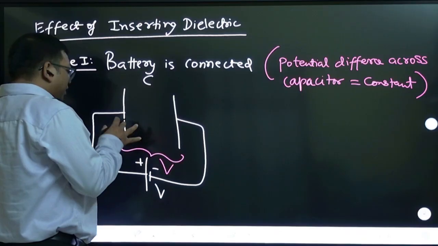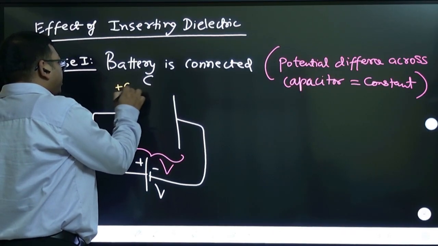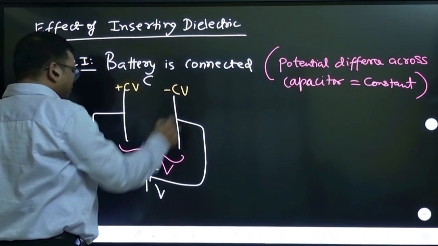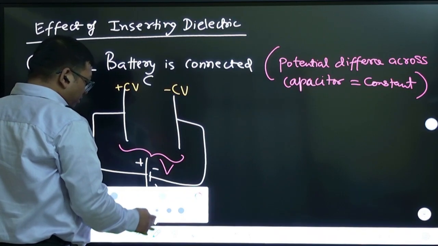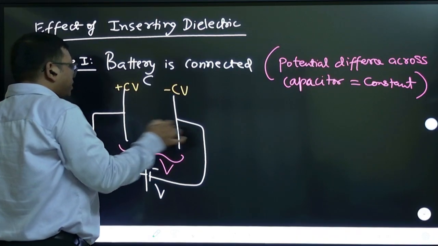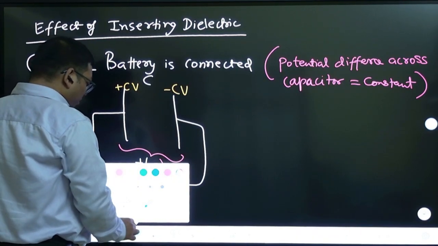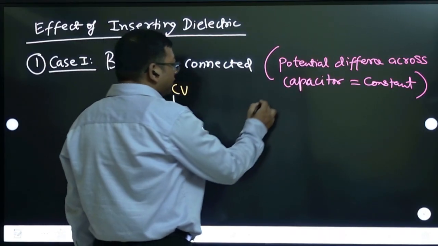Right now, initially, the charge is plus CV, minus CV. Now let us insert a dielectric, a material with some constant K. Then what will happen?